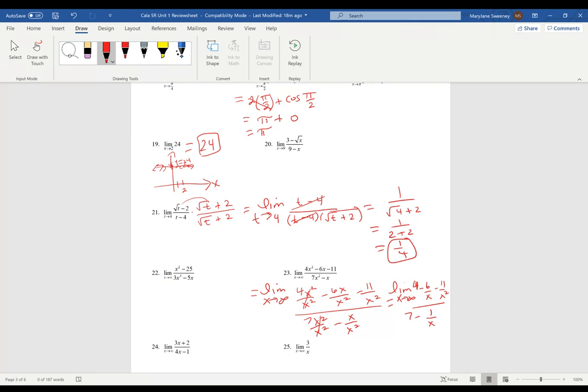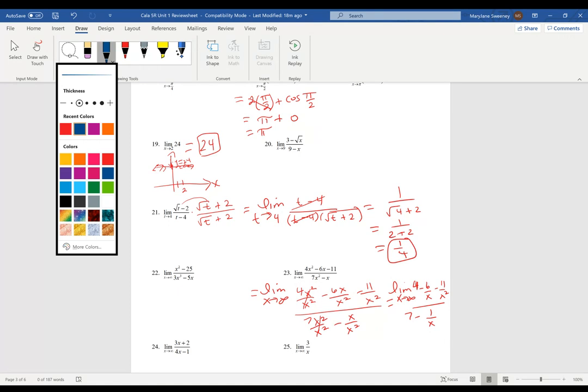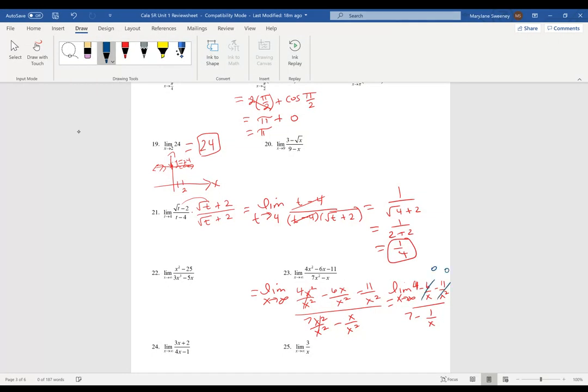Okay, so then we said as x approaches infinity, a constant over a really big number, that's going to go to 0, that's going to go to 0, that's going to go to 0. So it's going to be a constant divided by a really big number, which goes off to 0. So all that's left is 4 sevenths.